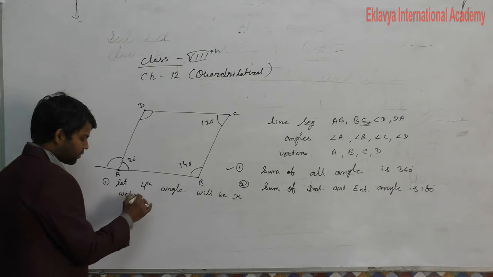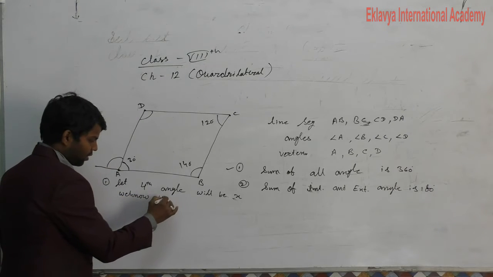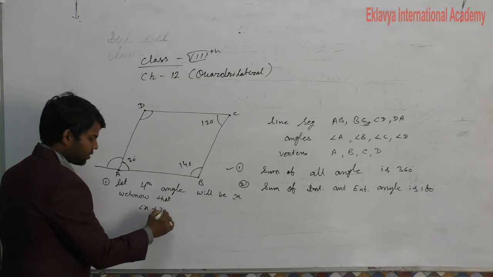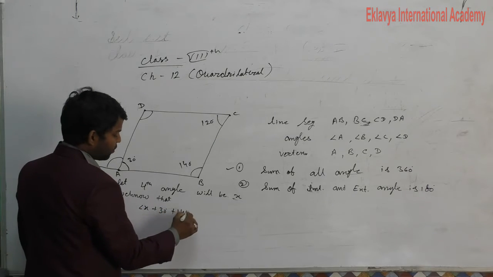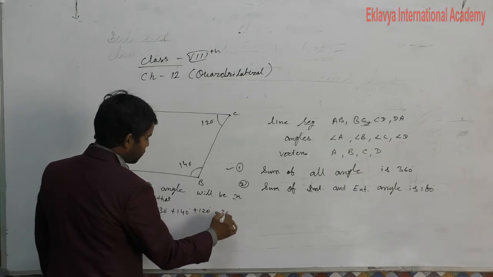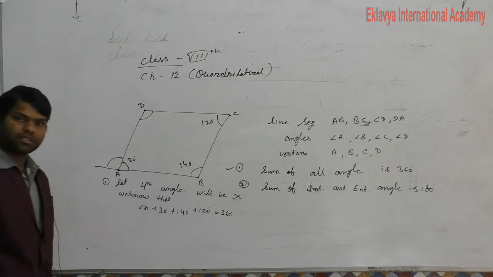we know that angle x plus 30 plus 140 plus 120 is equal to 360 degrees.